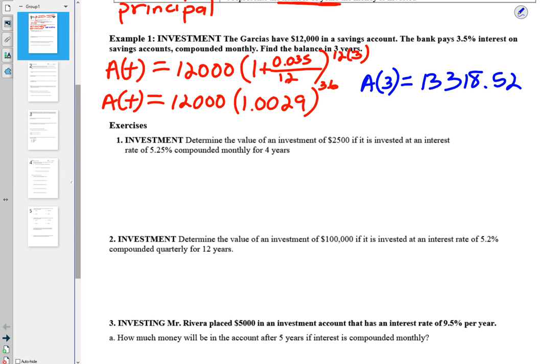Obviously, it's money, so if you were to contextualize it, we'll have a dollar sign in front: $13,318.52. If you got anything different on your calculator, speak now, so you can figure out what you're keying in incorrectly.